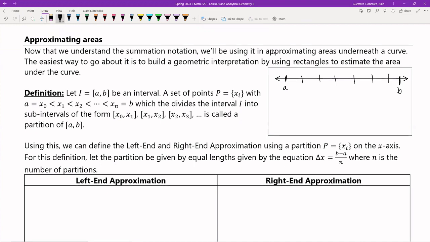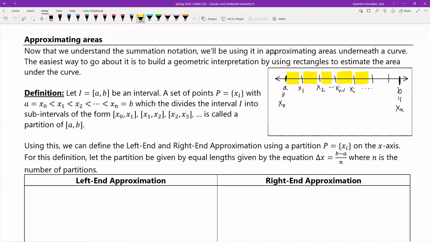This one we know is going to be our x sub 0, and then it goes x1, x2, dot dot dot, x of i minus 1, x of i, dot dot dot, all the way until you get to x of n, which should be our b. So we have these smaller subintervals: there's a subinterval, there's another, there's another, there's another.